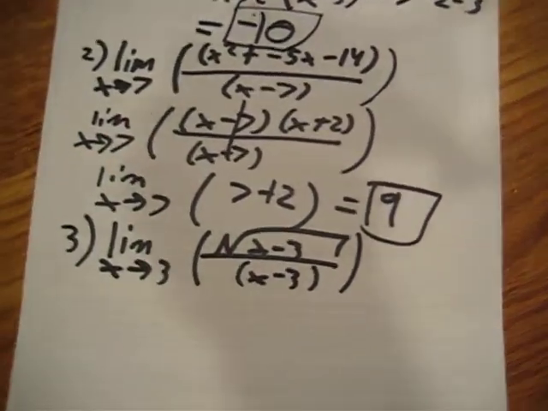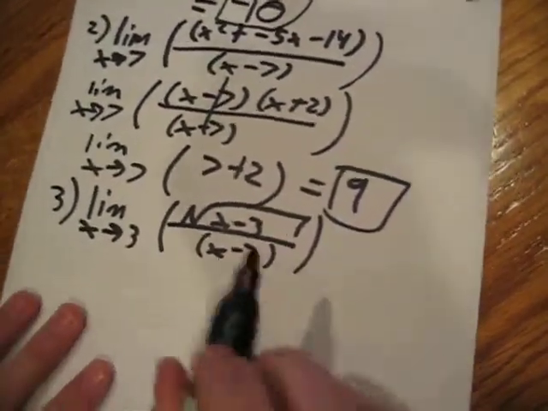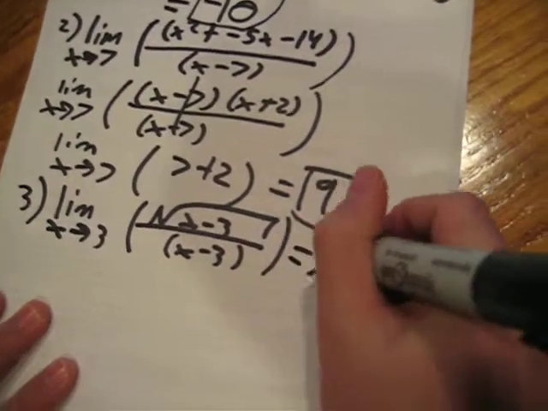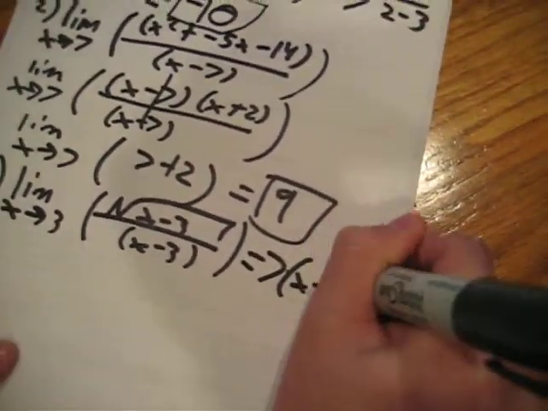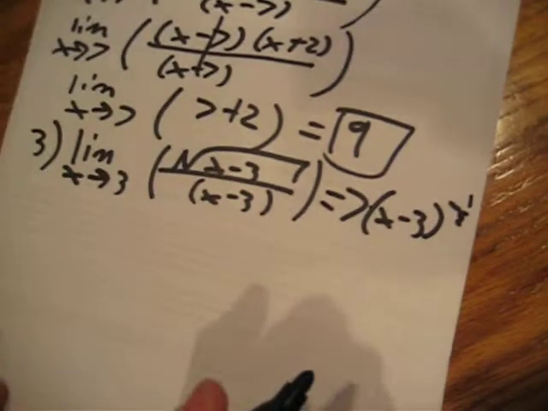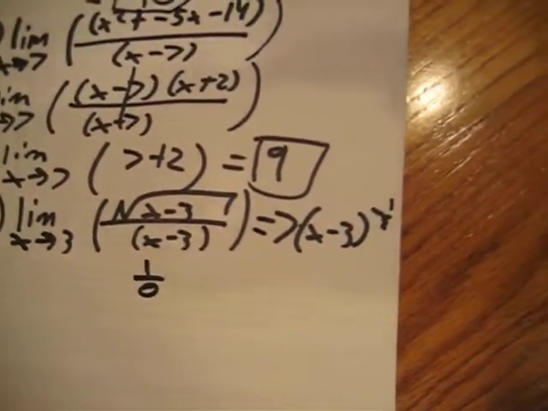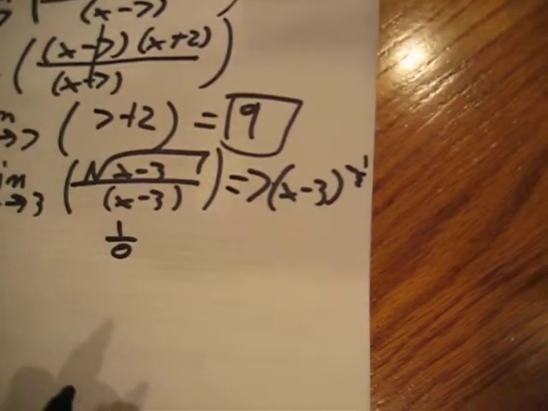If you plug in 3, you have to simplify this first. So it ends up being x minus 3 to the -1/2. If you plug in 3 to there, you're going to end up getting 1 over 0. That's not indeterminate, so that means you don't have an answer.